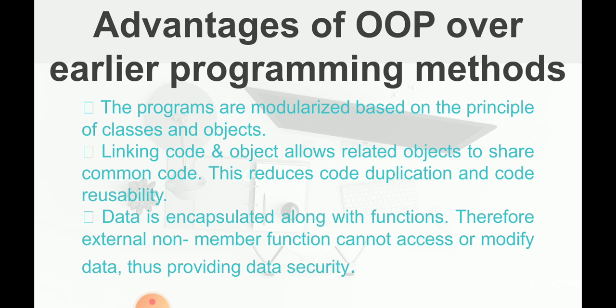So here the program becomes short because, as I said before, the draw function of the parent class can be used by the three classes also. We don't need to write the draw function again and again in the three classes.